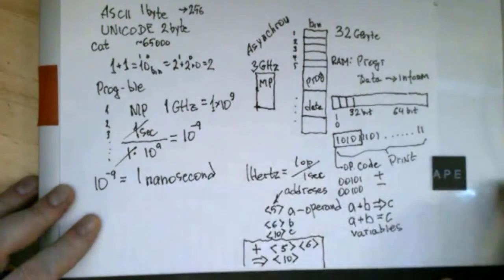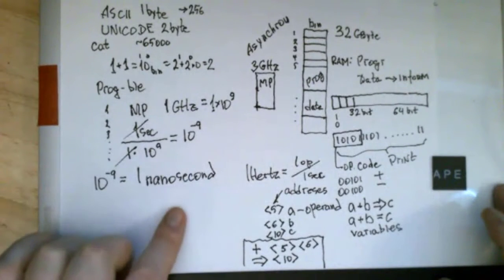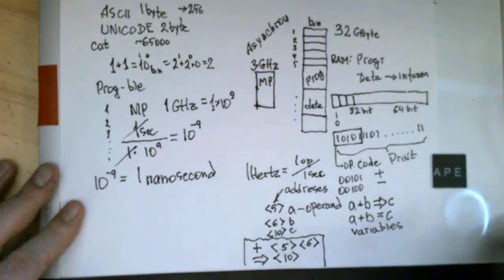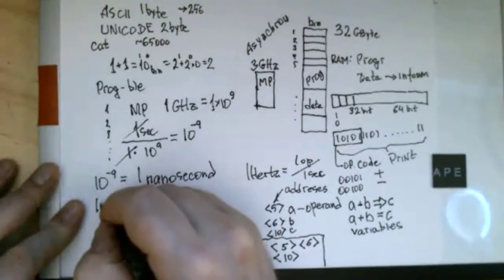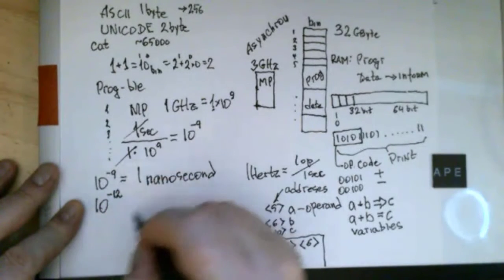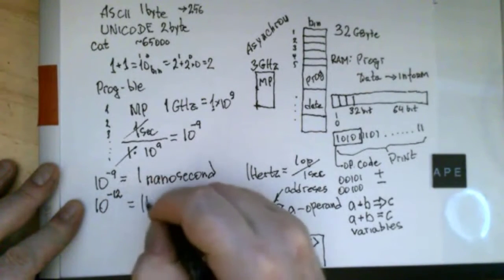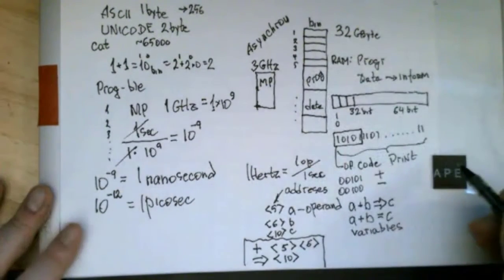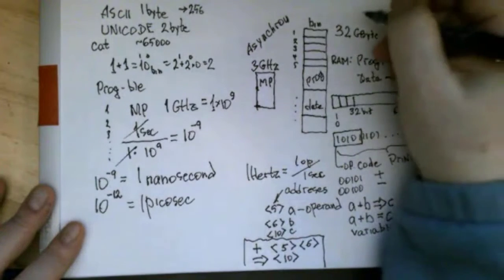nanosecond. You can find this small time measurement in the lectures. 1 nanosecond. And there are even shorter ones. 10 to the minus 12 is 1 picosecond. What is the speed of RAM? How fast does it work?